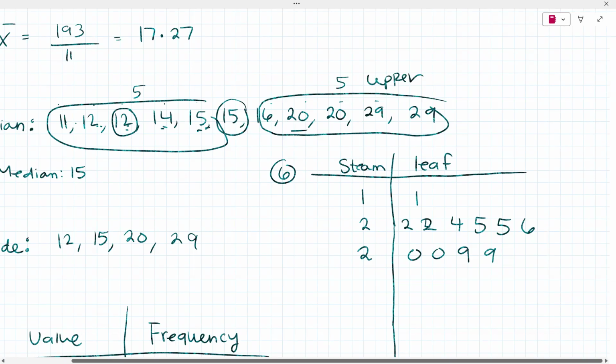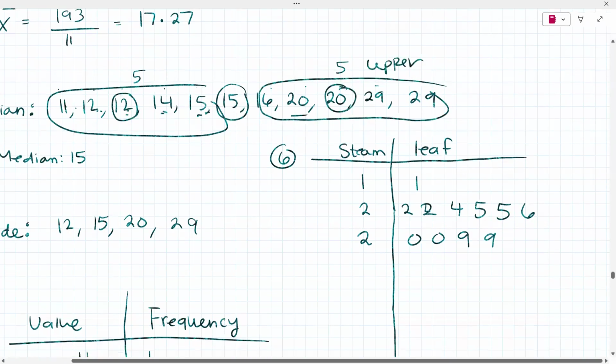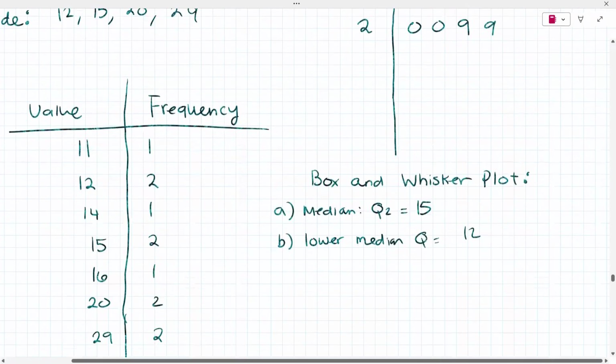There's a total of 1, 2, 3, 4, 5, so the upper should be 20, or quartile 3. So quartile 1, the lower median, is 12, and the upper median, or quartile 3, is 20.